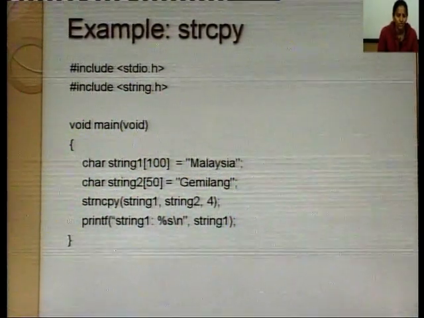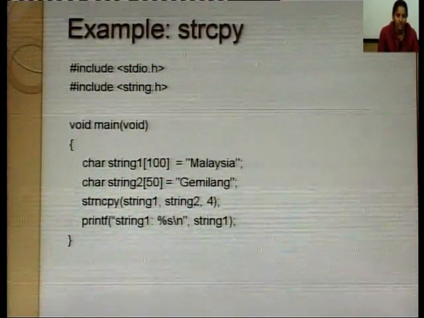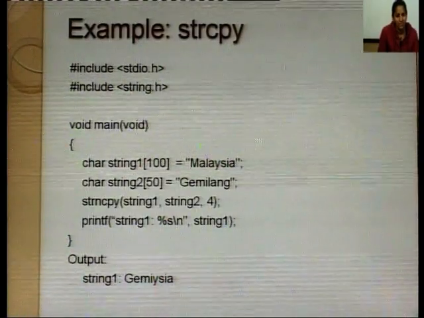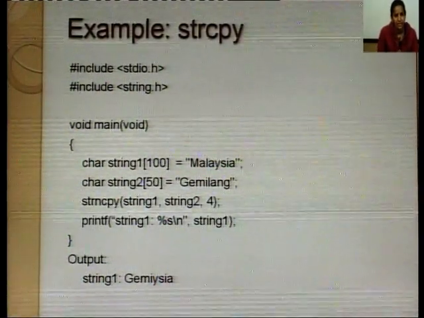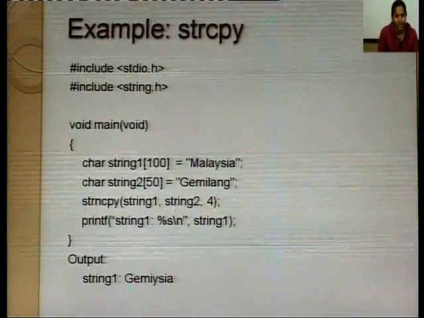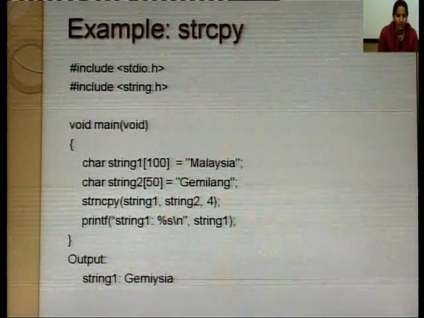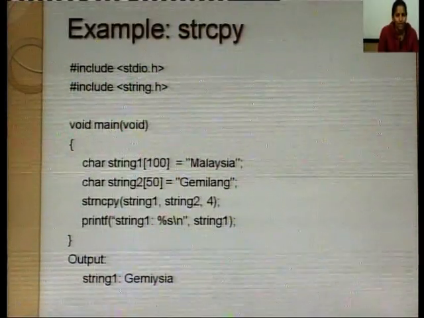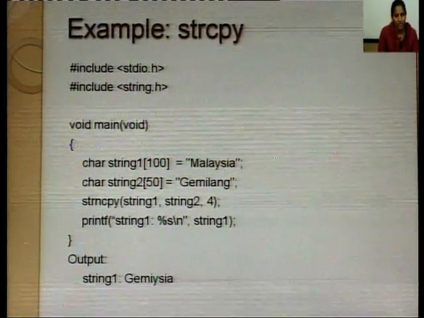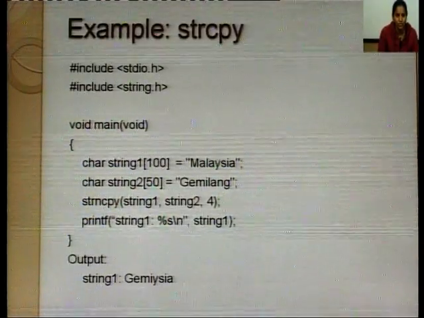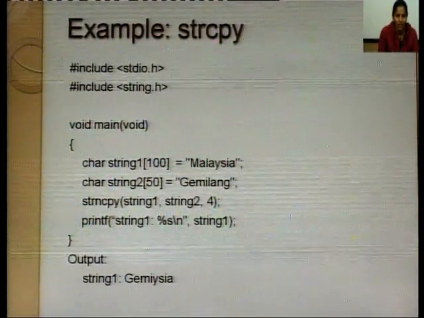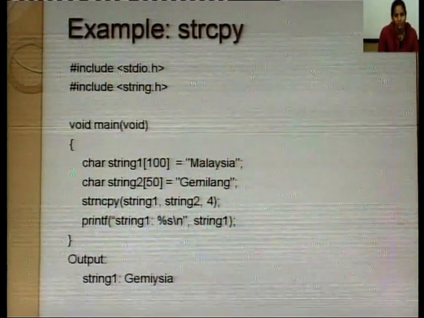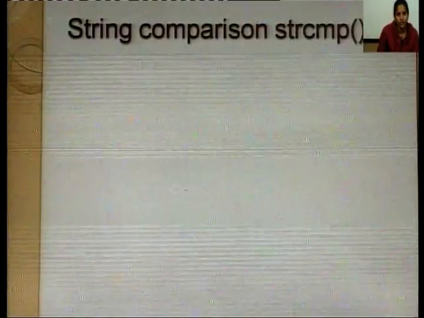After copying the 4 characters of string2, string1 is displayed and the output is Gemiasia. The reason is that the first MALA is overwritten with GEMI, because we copied the 4 characters of string2 into string1. So the first 4 characters of string1 are overwritten by GEMI, the 4 characters of string2.